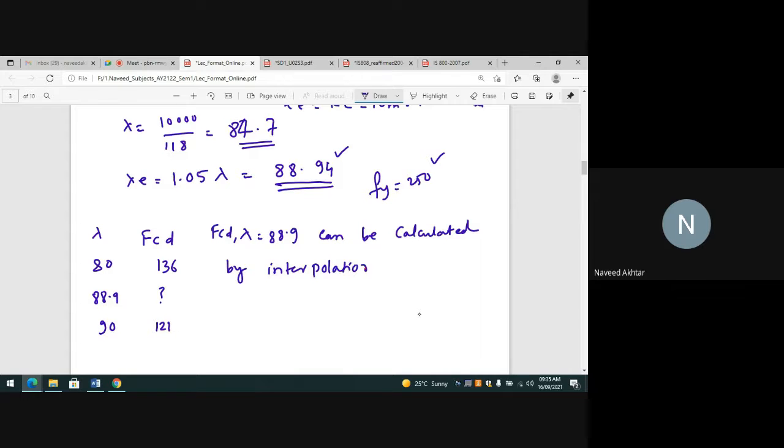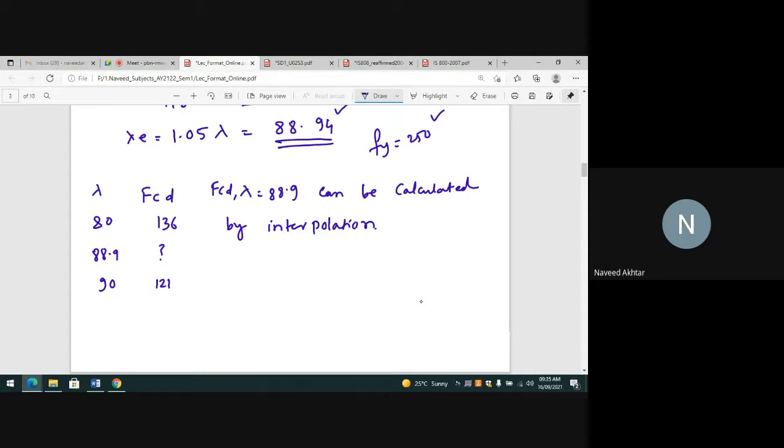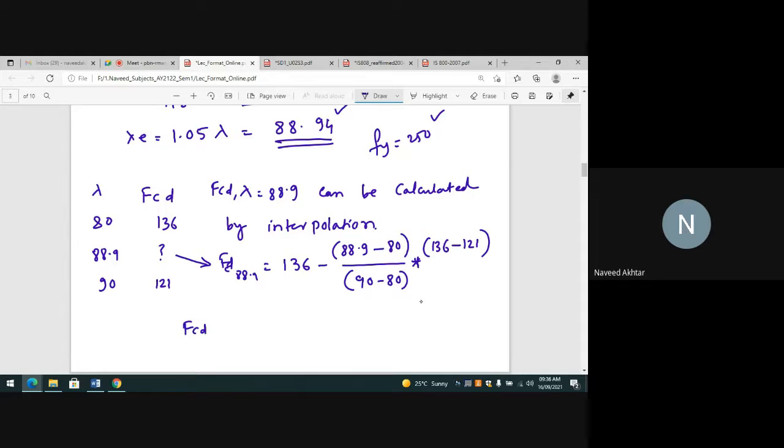So FCD for lambda 88.9 is equal to 136 minus (88.9 minus 80) divided by (90 minus 80) into (136 minus 121), which is the extreme value difference.